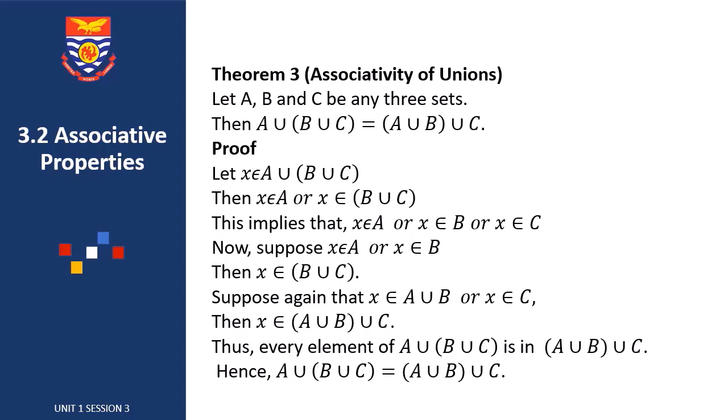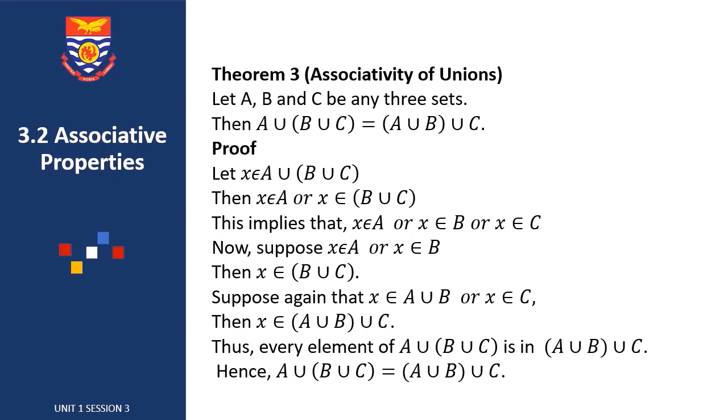This implies that X is a member of A or X is a member of B, or X is a member of C. If we suppose that X is a member of A or X is a member of B, then we can say that X is a member of A union B. If we again suppose that X is a member of A union B or X is a member of C, then we can say that X is a member of (A union B) union C.